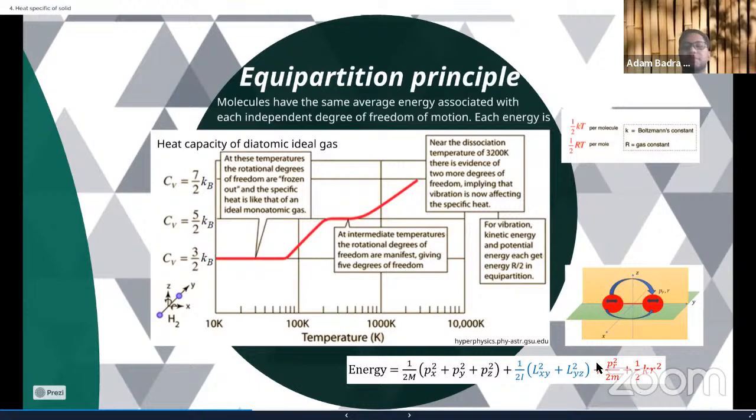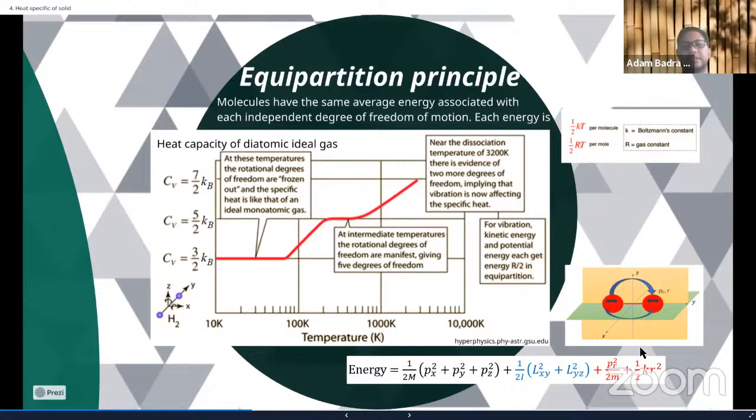So this is the contribution of vibration. One conclusion is that vibration of the molecules contributes 2 times half kT, so the contribution is kT. That's one conclusion we can draw. This is in gas.